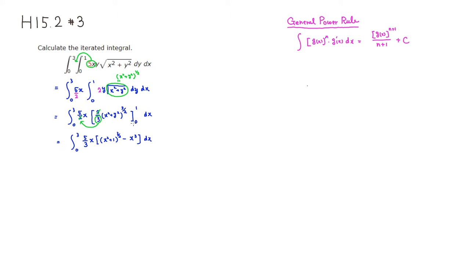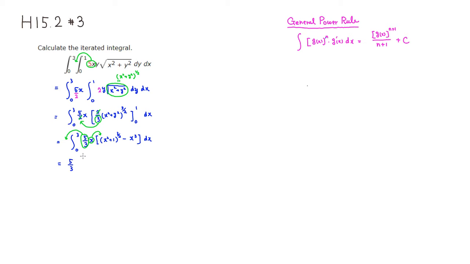And I'm going to distribute this x to both of these. Actually, no, take that back. 5/3 is just going to be a number, and I'm going to place it out here. So 5/3 is just outside.